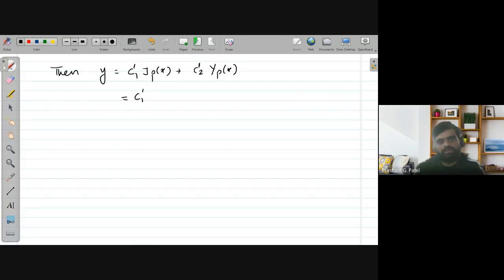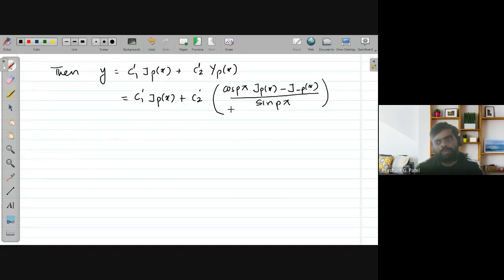We can just substitute the value: cos(pπ) J_p(x) minus J_(-p)(x) upon sin(pπ).